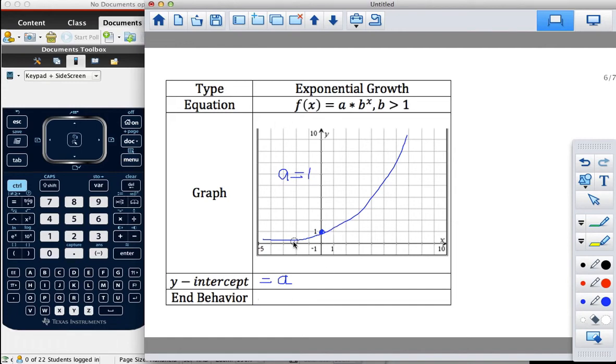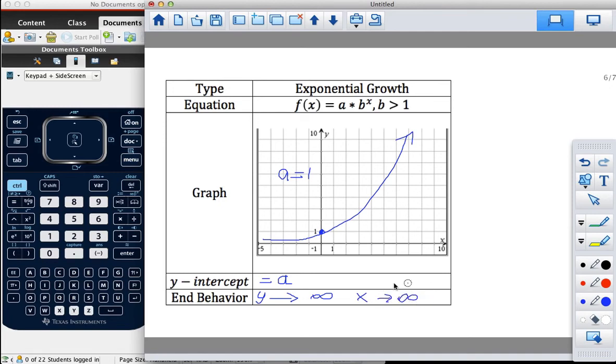Okay, and end behavior, I just want to know on the right side of the graph, what's happening? Is it going to keep on going up forever? With exponential functions with a base number that's greater than 1, yes, the y value is going to approach positive infinity as x approaches positive infinity.